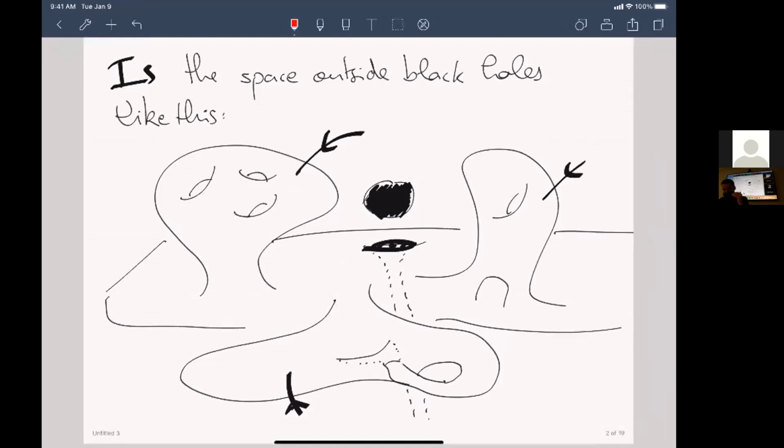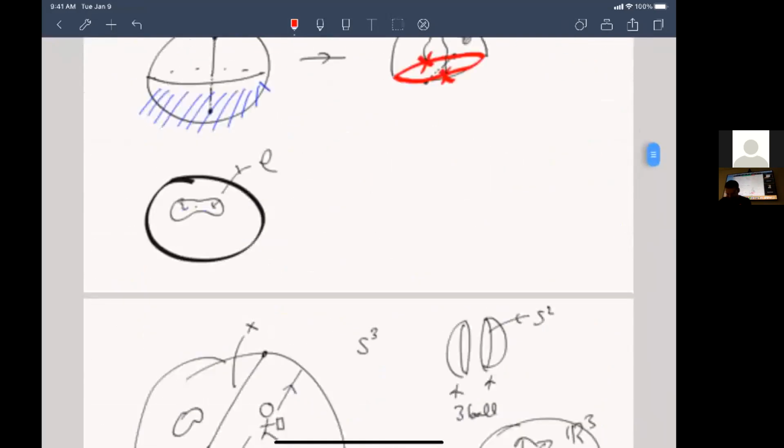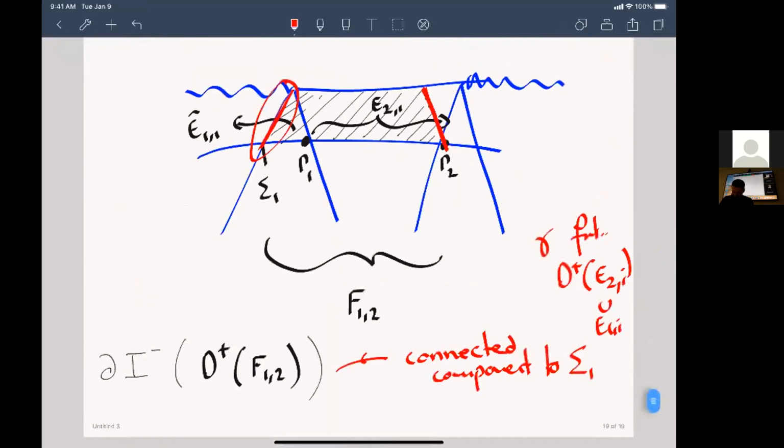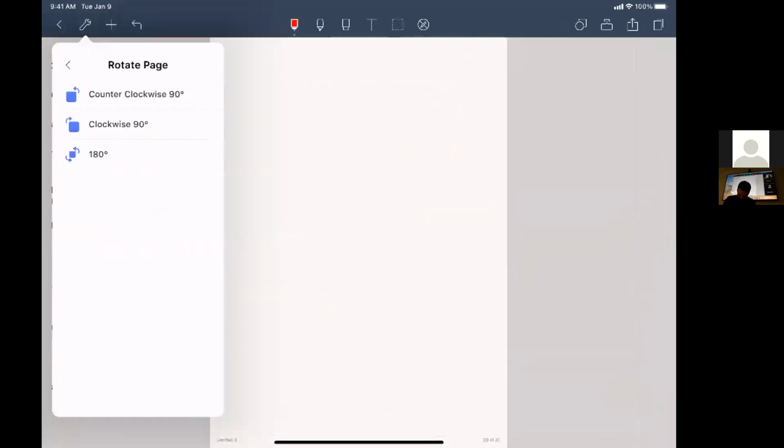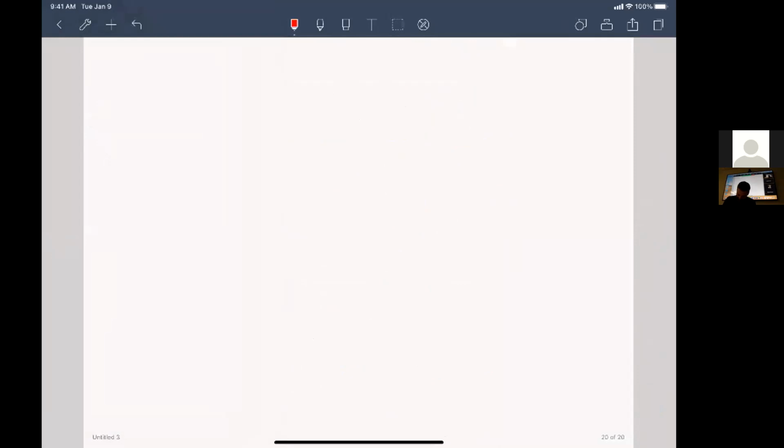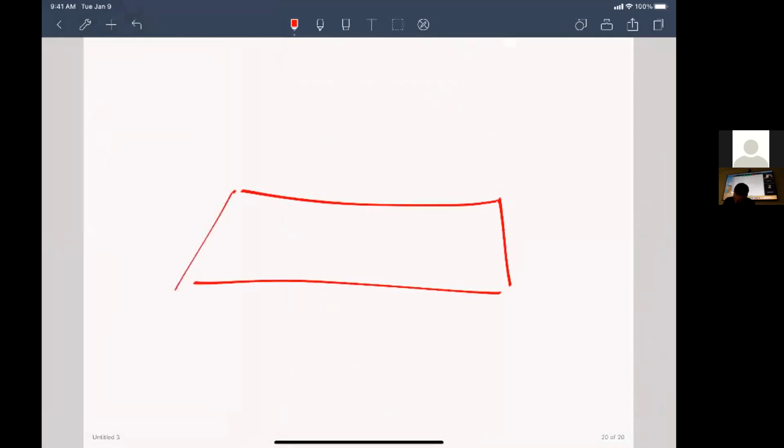But then a more refined answer would be to say, actually, there's something that happens when you have a wormhole. Suppose you have a wormhole, okay?